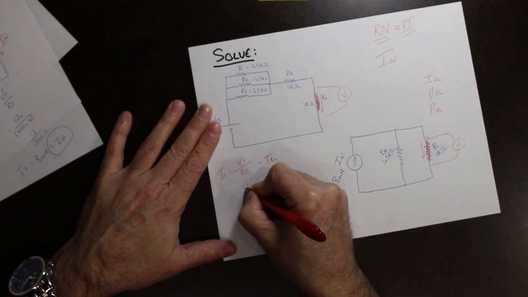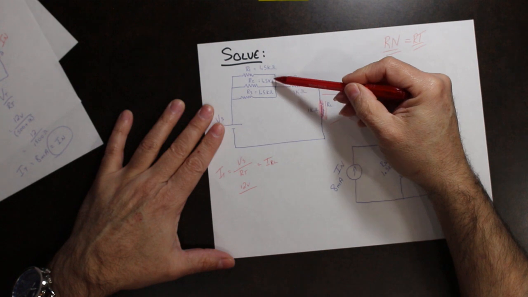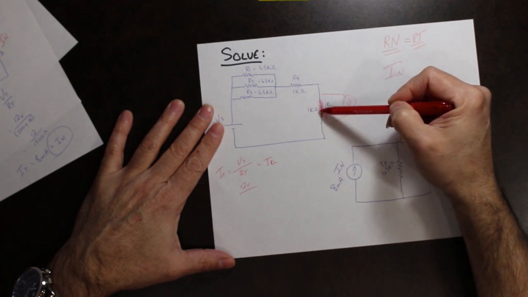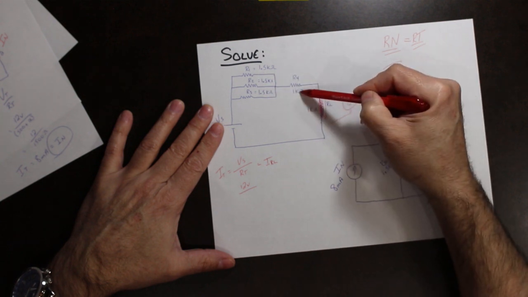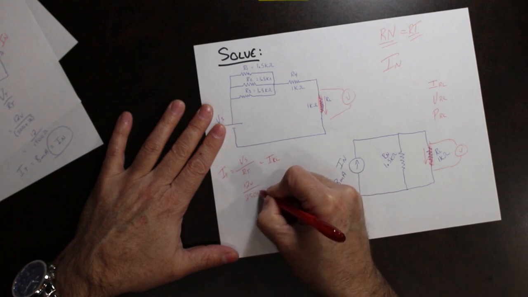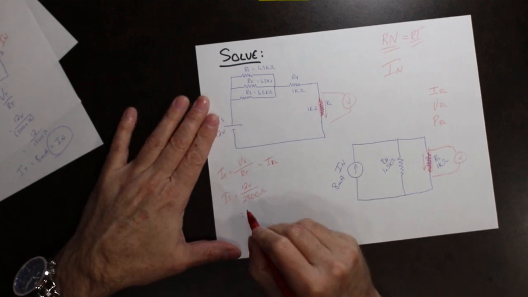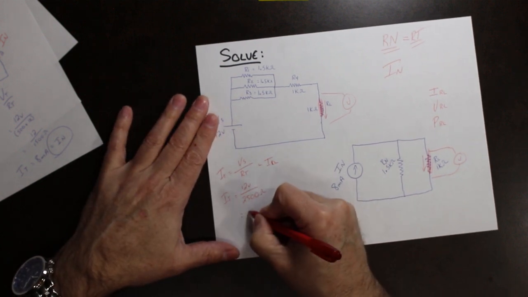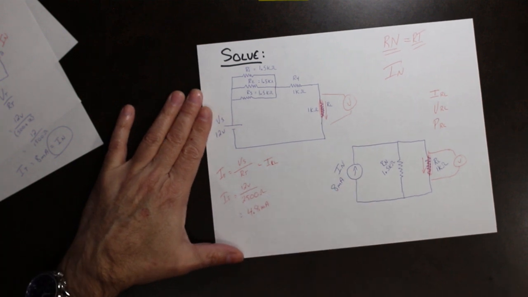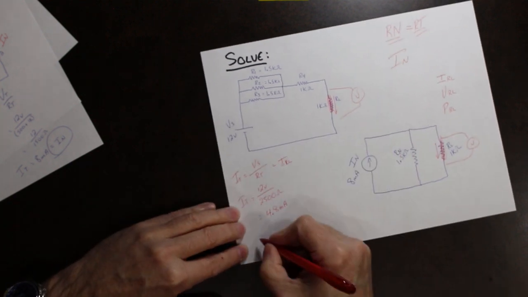If we solve that real quick, we got 12 volts divided by our total resistance, which is this one and this one in parallel, added to this, added to this. So that's 500, 1500, 2500. So we got 2500 ohms, I total. And that happens to be equal to 4.8 milliamps using Ohm's law.